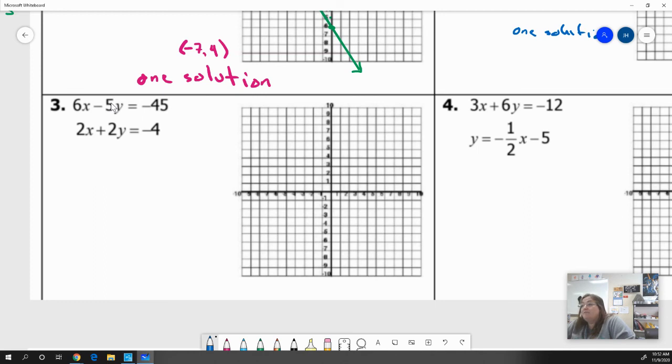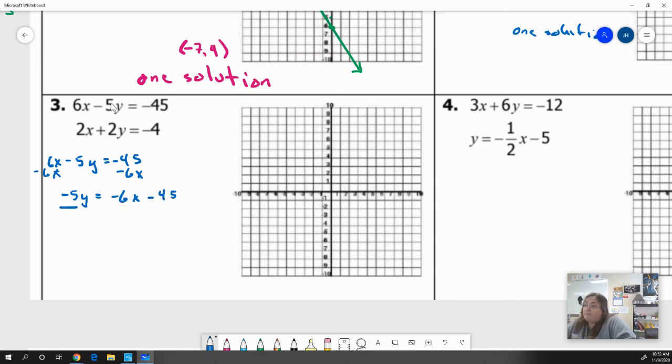So here I have 6x minus 5y equals negative 45. Just going to write the problem. And I'm going to solve this for y. I'm going to subtract 6x from both sides. And it's going to give me negative 5y equals negative 6x minus 45.